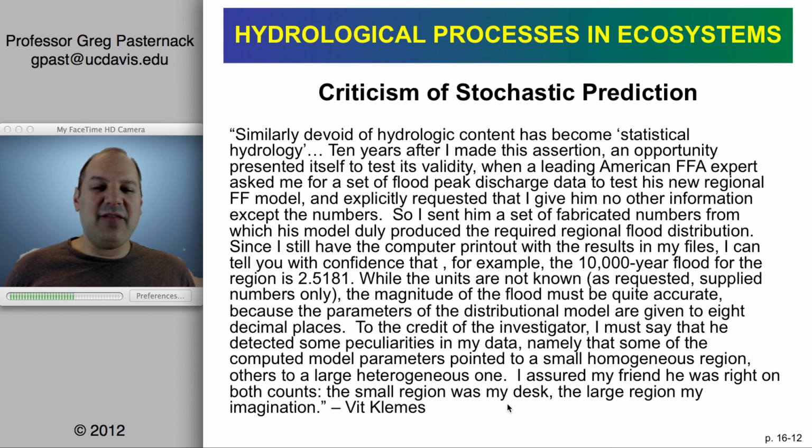So I sent him a set of fabricated numbers from which his model duly produced the required regional flood distribution. Since I still have the computer printout with the results in my files, I can tell you with confidence that, for example, the 10,000-year flood for the region is 2.5181. While the units are not known, as requested I supplied only numbers, the magnitude of the flood must be quite accurate because the parameters of the distributional model are given to 8 decimal places.